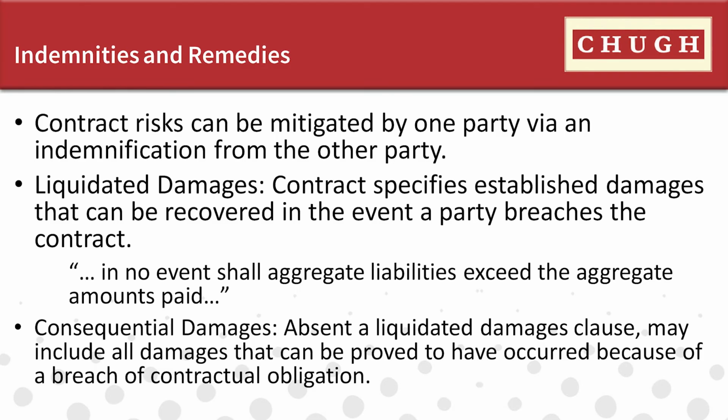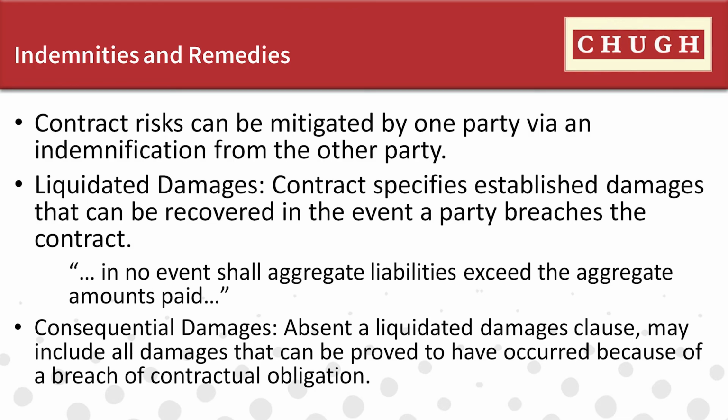For example, the service provider in no event will be liable for anything in excess of what was paid to them. So if it's a $20,000 contract and there's a breach, it'll cap the damages at $20,000.